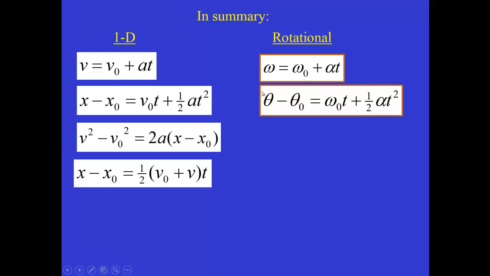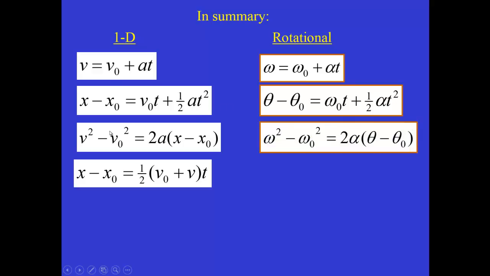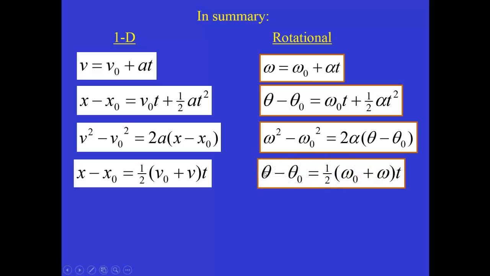And so that is the rotational version of this important equation for one-dimensional motion. And once again, we can take the v squared equation and make the appropriate substitutions and cancel out the factor of r, and then we're going to get omega squared minus omega 0 squared is 2 alpha times theta minus theta 0. And the fourth equation that relates the change in theta to omega and omega 0 looks like this.